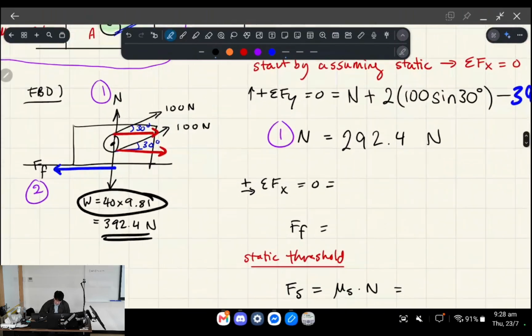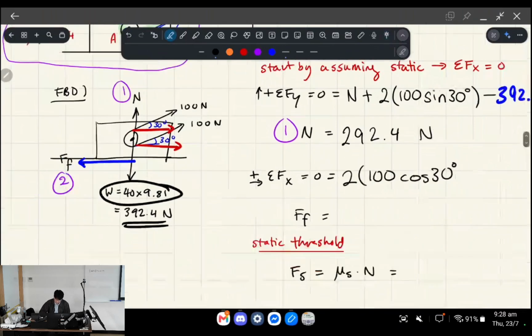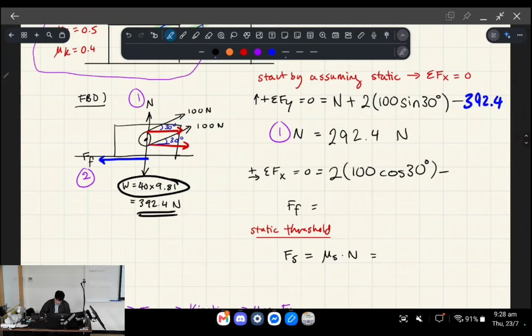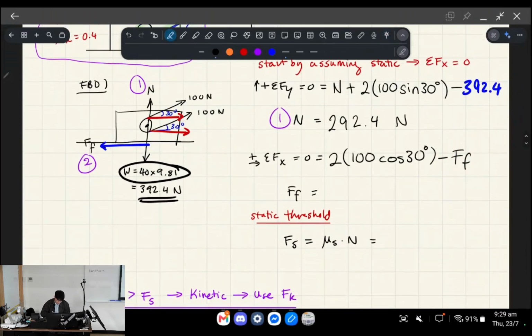So we're going to add the red arrows pointing to the right, and that's two lots of 100, and now we're doing cosine 30 because we have the adjacent side of that right angle triangle, right? And then we subtract off FF. So FF is like theoretical friction that's applied, okay? So this is the applied friction if the box was completely still, okay? So that's 173.2 newtons.